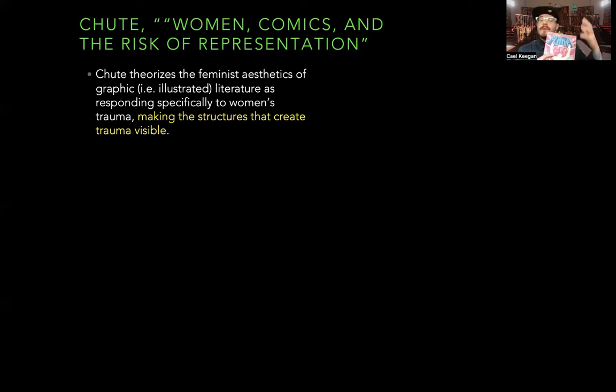How is that science fiction concept connected to real things in our world that are about women's oppression? That's something you should be asking yourself as you read. So Chute says feminist comics, of which Bitch Planet is one. You could also say it's a queer feminist comic. How is it seeking to make structures we normally can't see visible through the use of illustration?